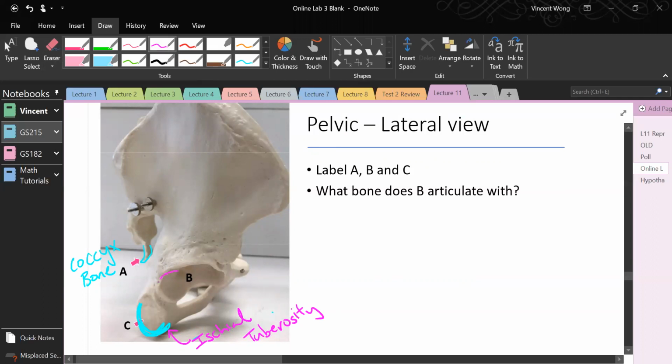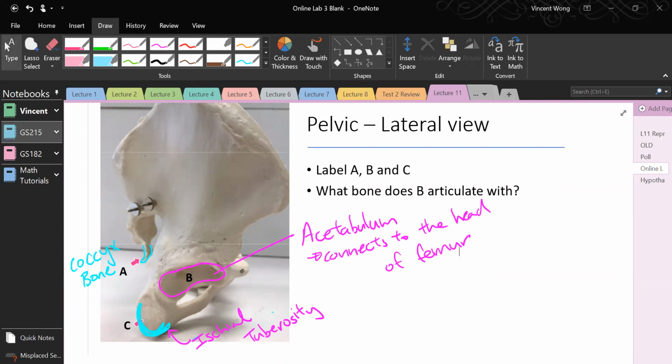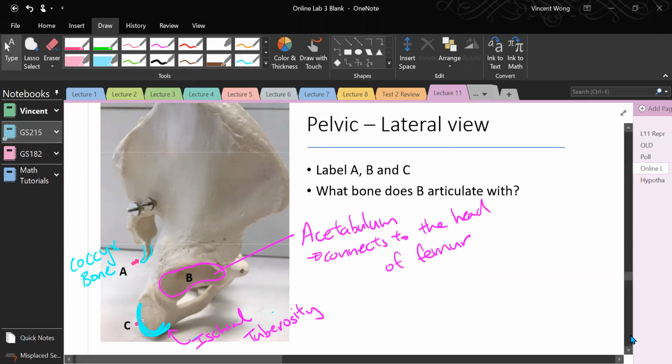Okay, and that groove here, that is the acetabulum, right? Acetabulum, which connects to the head of femur. Okay, ball and socket joint. Seven more slides. Hang in tight.